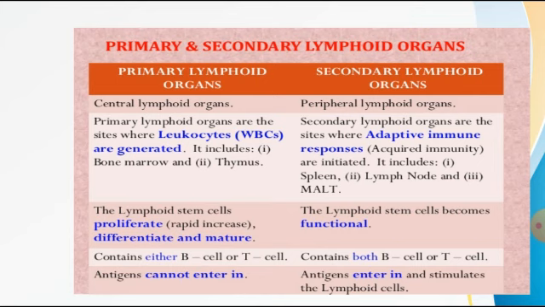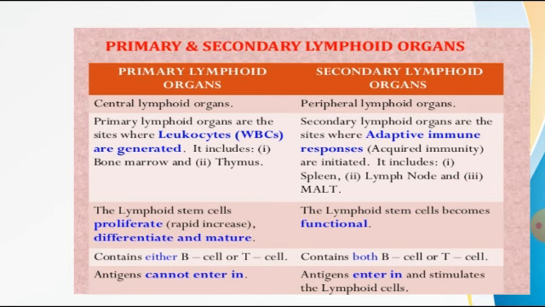And the third difference is about proliferation and differentiation. The proliferation and differentiation of all lymphocytes occur in the primary, and the lymphoid stem cells become functional in the secondary.